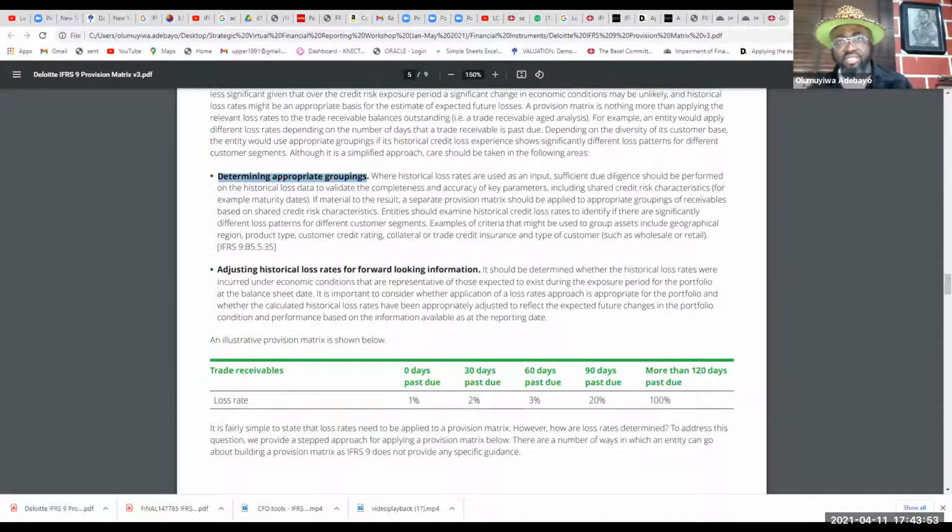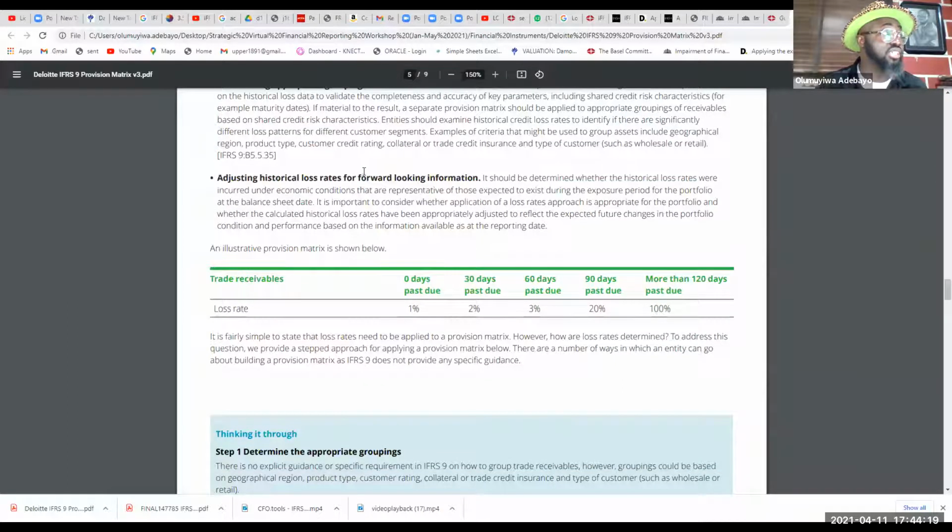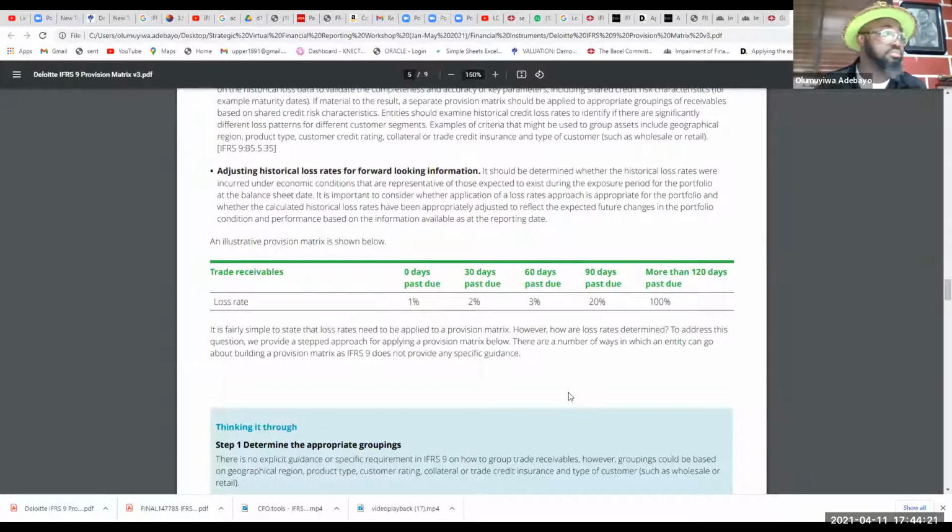Geographical distribution might change it, and some other specific attributes, which means you can group them in different portfolios where you have different loss rates across the same past due periods. It must be unique to you based on your credit terms and how you take credit decisions within the organization. Remember, you adjust the historical loss rate for forward-looking information.